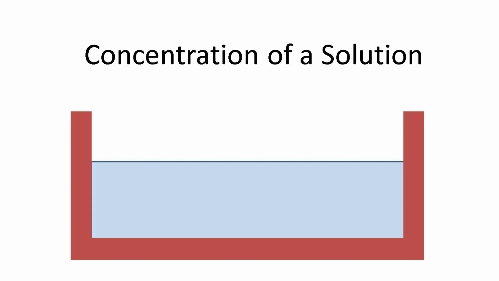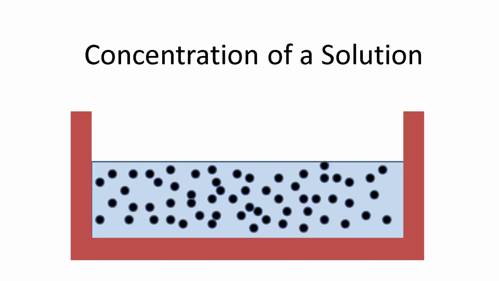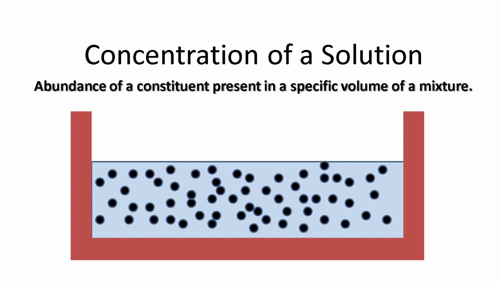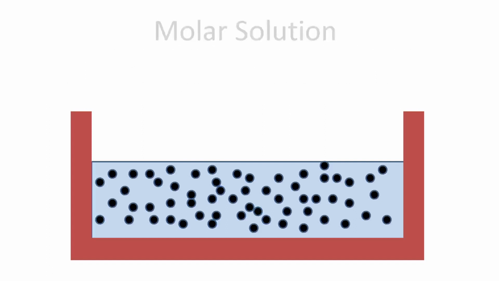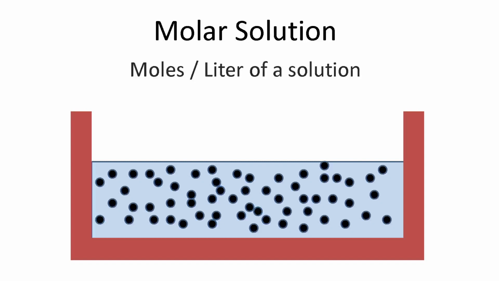Before we proceed further, we need to brush up the concept of concentration of a solution. Concentration of a solution is the abundance of a constituent, that is, the solute, present in a specific volume of a solution. It is expressed as molar concentration, which means moles per liter of a solution.